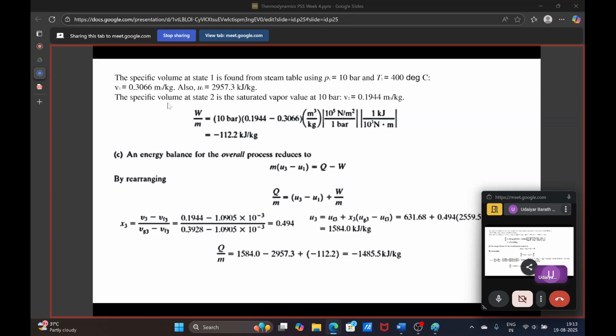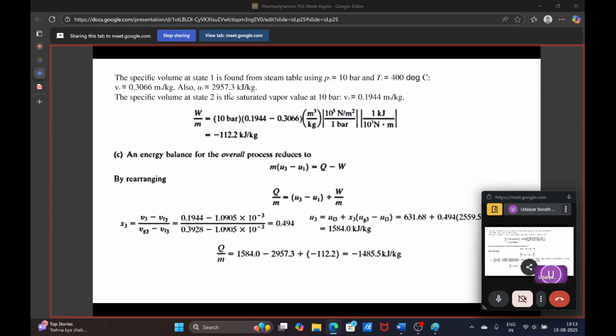Next, the specific volume at state 2 is a saturated vapor value at 10 bar, and v2 is 0.1944. So with this we can find the work done for process 1-2. P delta v comes out to be minus 112.2 kilojoule per kg, the negative sign since it's compressed, you are doing work.